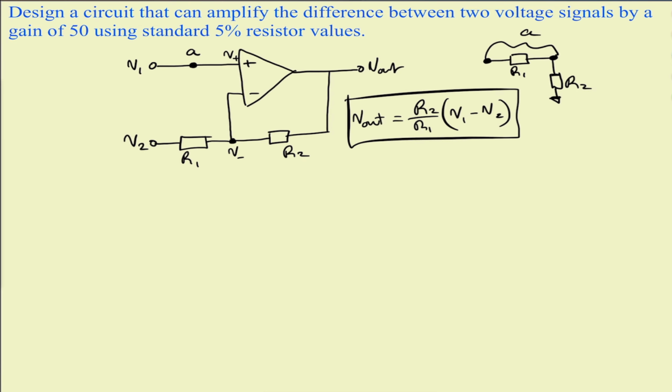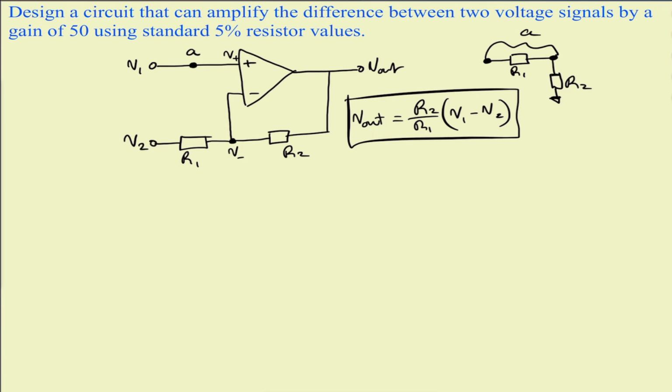So as you can see, we design a circuit that can amplify the difference between two voltage signals. So if we are using R1 and R2, we want a common factor of R1 and R2 to multiply the difference between V1 and V2. So the voltage at V positive.